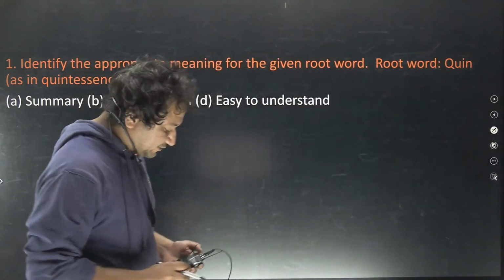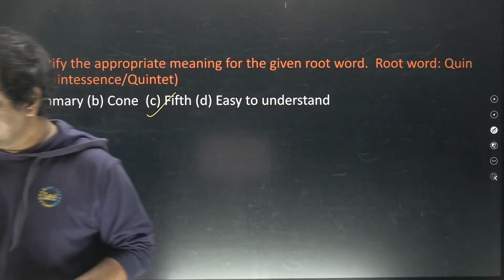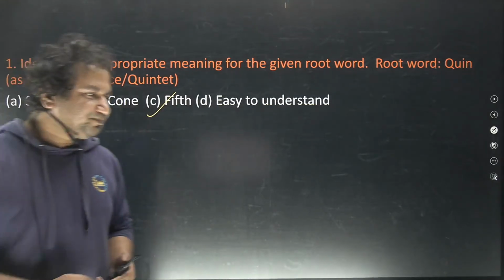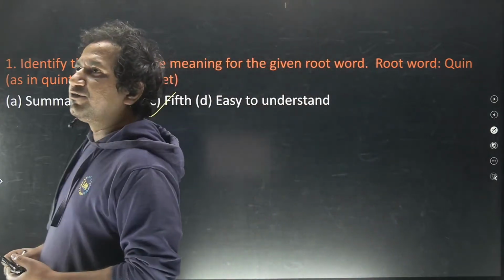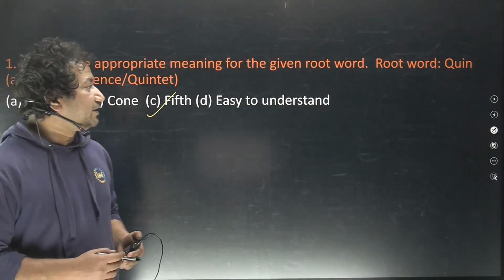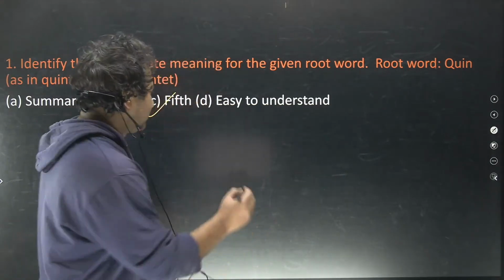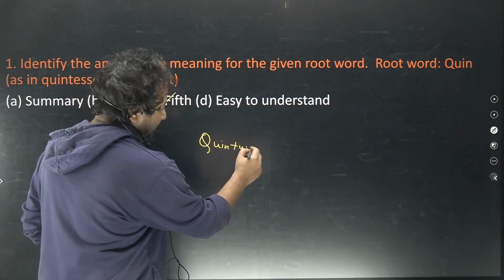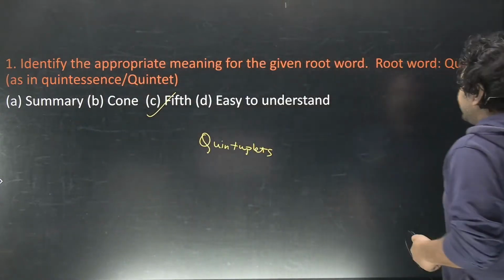For example, if someone has two children, they are called twins. If there are 3 children, they are called triplets. There are 4, they are called quadruplets. If there are 5 children, they are called quintuplets. One of the examples is quintuplets. Quin means fifth. All right, coming to the next question.